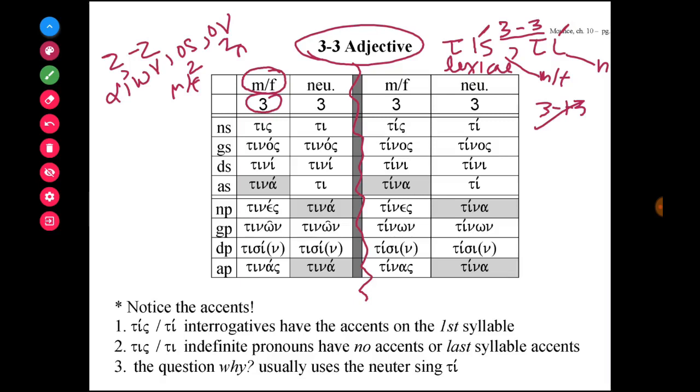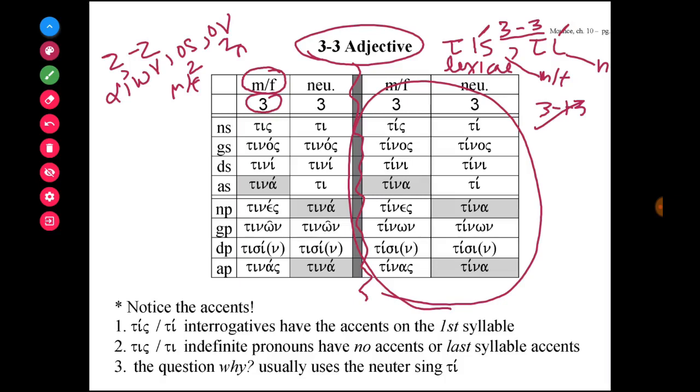So if the accent is on the first syllable, like over here, notice this, the translations for tis and ti is actually translated as interrogative pronouns.